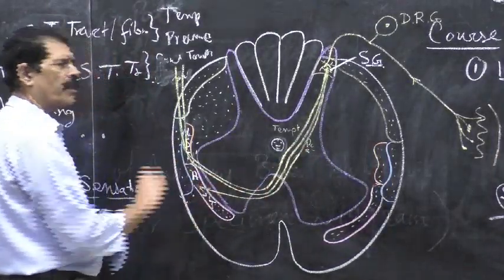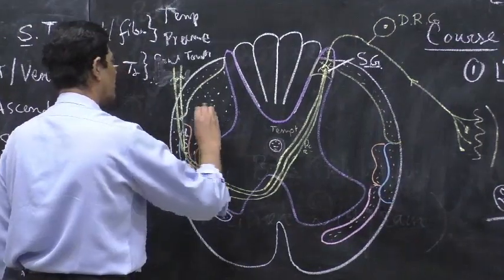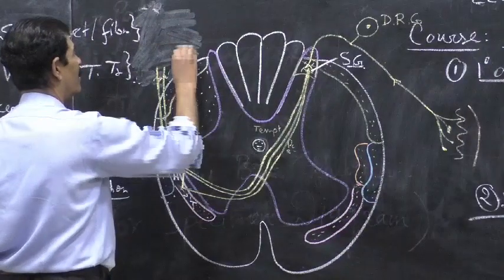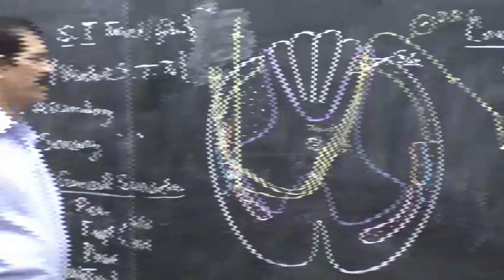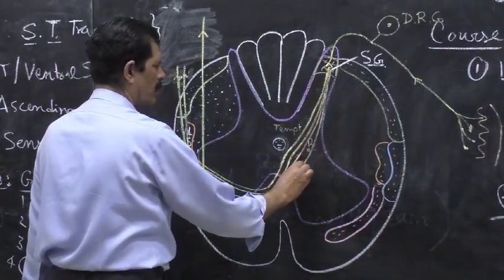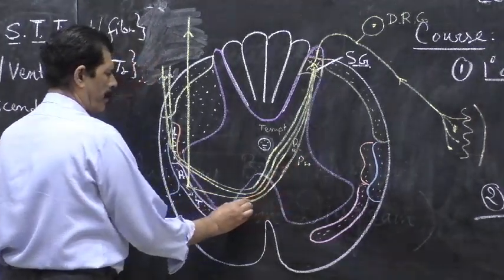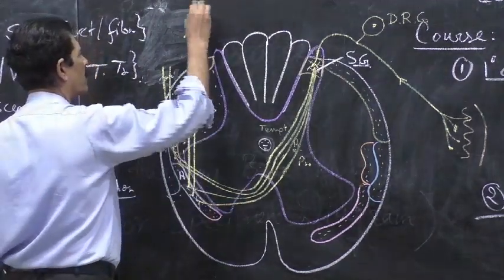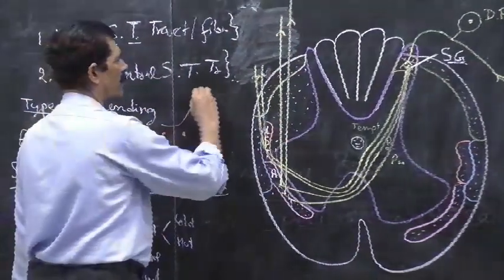They go into the anterior spinothalamic tract, and they also ascend upward in the spinal cord as the anterior spinothalamic fibers. And the last fibers are for pressure. Pressure fibers also ascend in the anterior spinothalamic tract. The same is happening on the opposite side.